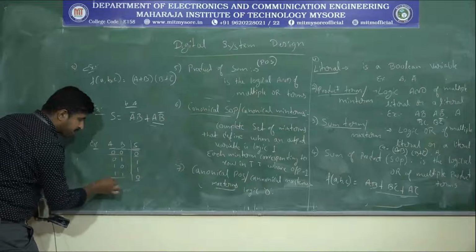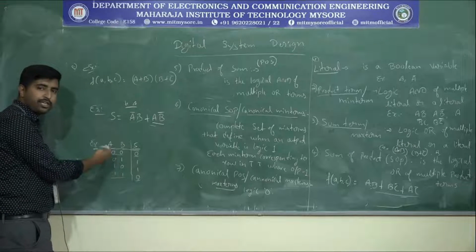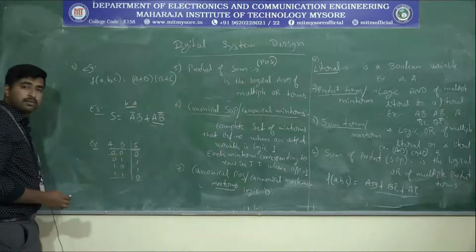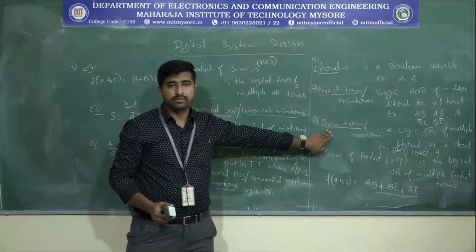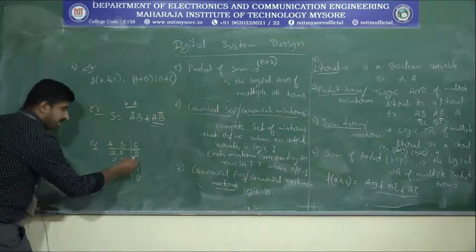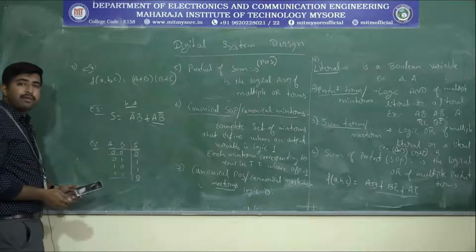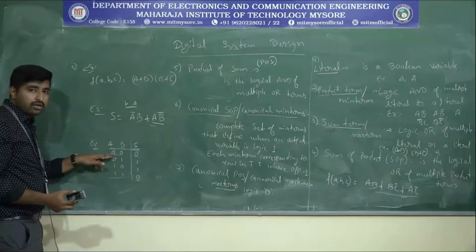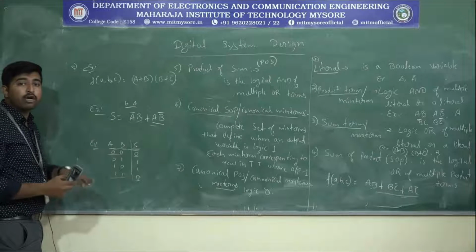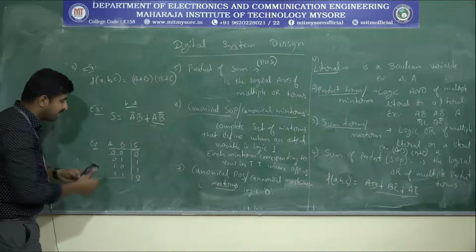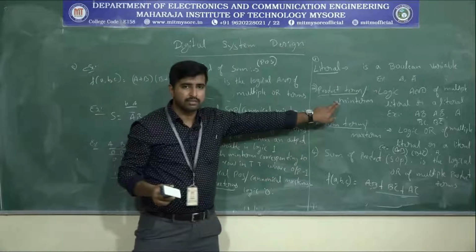Max terms are in the form of sum terms. When we have a logic 0, it is taken in normal form, and when we have a logic 1, it is written in complement form. That is the reverse of writing product terms or min terms.